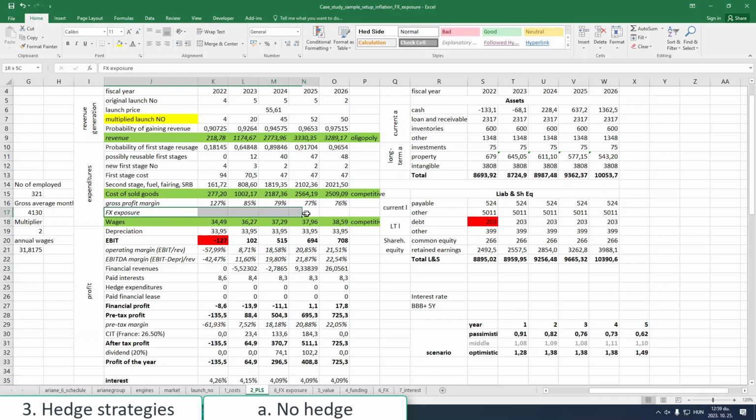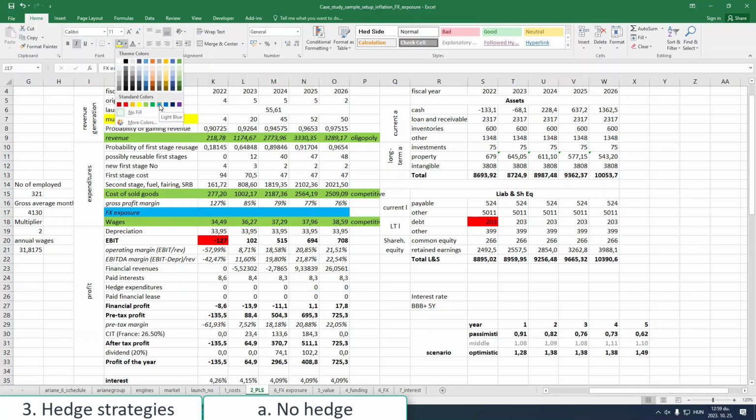FX exposure and blue. Well, let's use blue. So first of all we have to say 1 minus this thing.